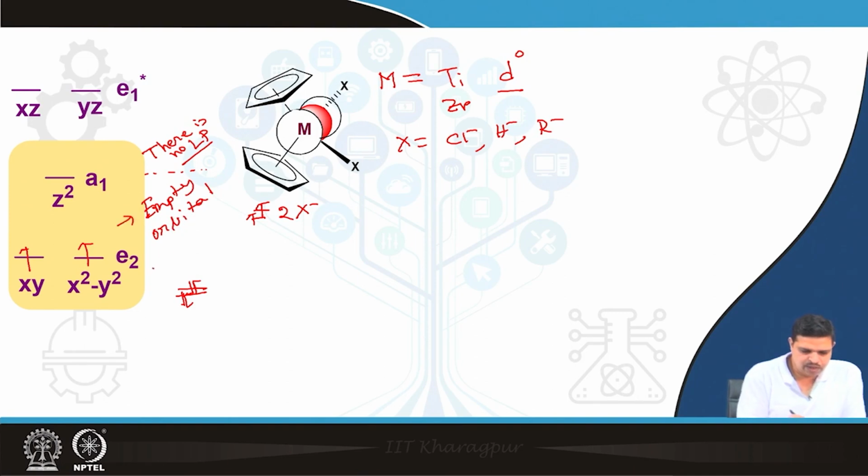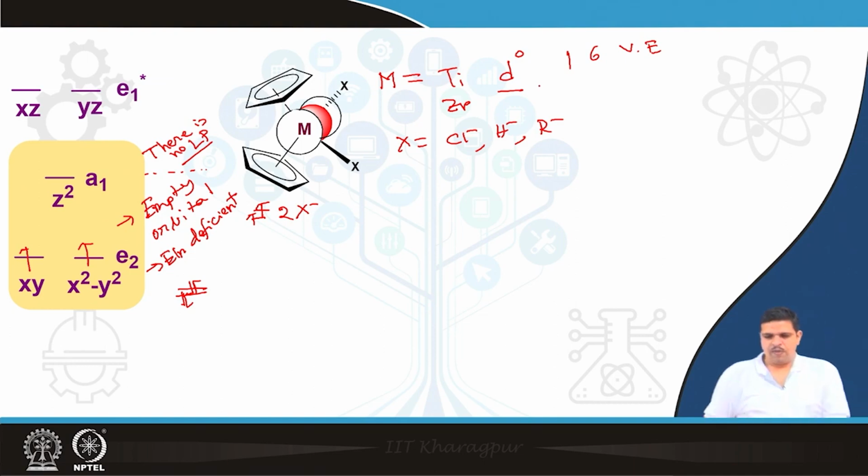so that's why it acts as an electron deficient compound. Okay, obviously these are 16 valence electron systems. Okay, we are now familiar with this one. So this is a 16 electron system, d0 system, no electrons in the non-bonding orbitals, no lone pair. So that's why it is an electron deficient compound. Okay.